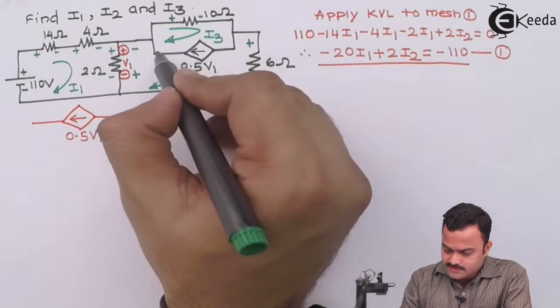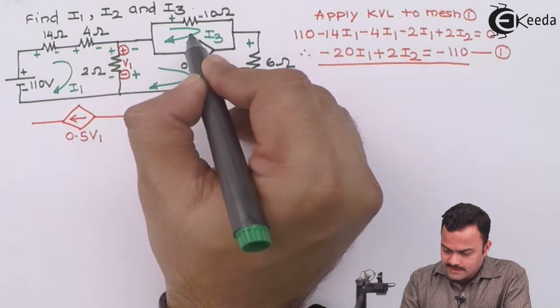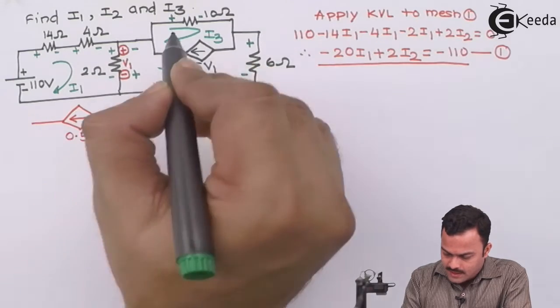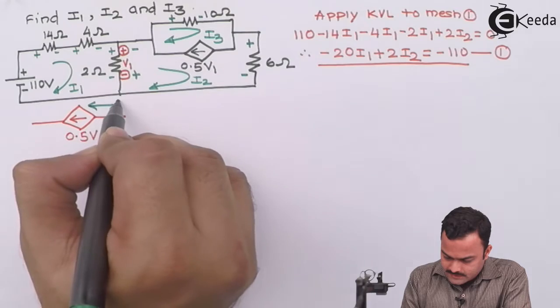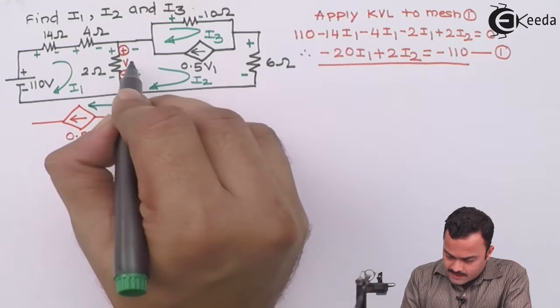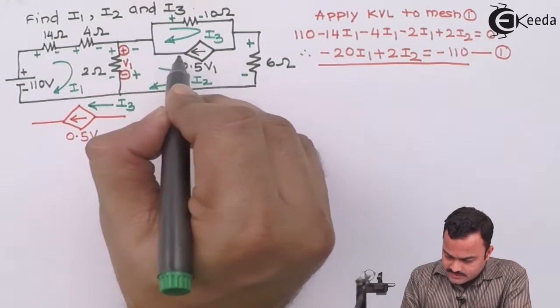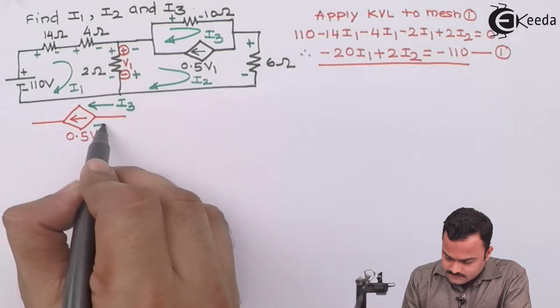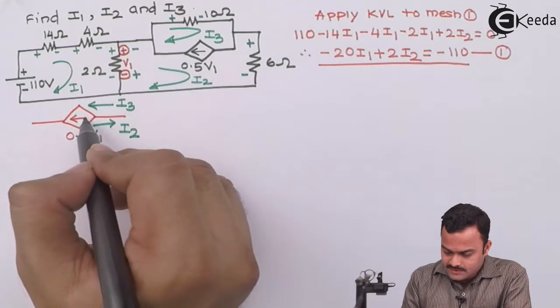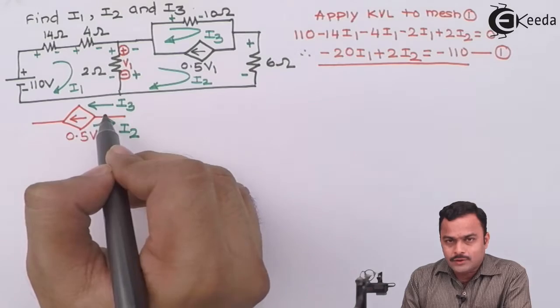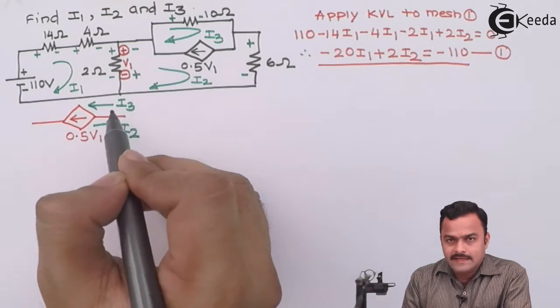Now this current source is nothing but this branch, and this branch carries two loop currents, I3 in this direction, so I will mark I3 like this, and I2 is this direction. And the given direction is right to left, which is matching with I3.